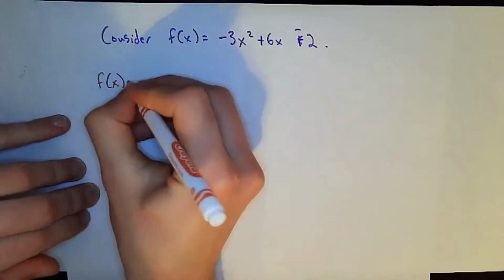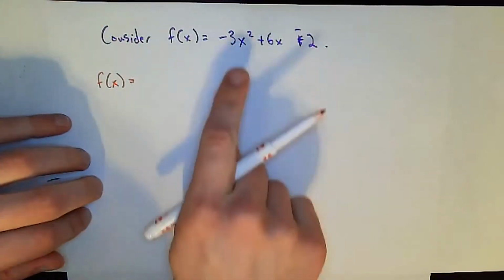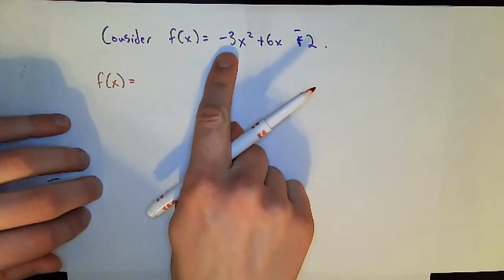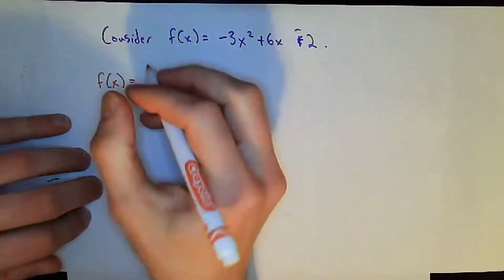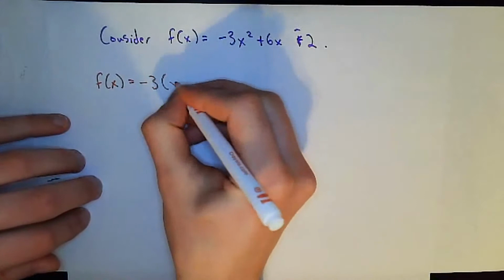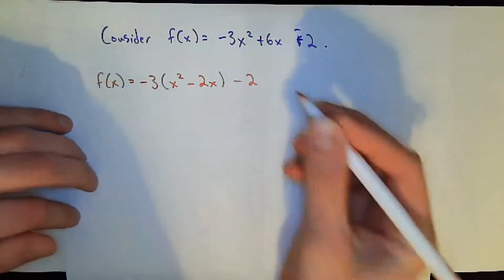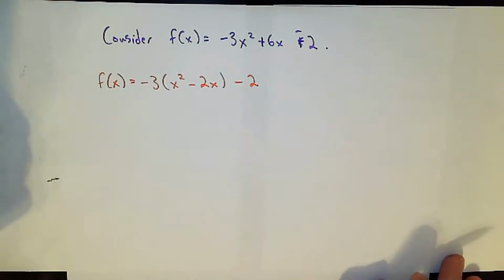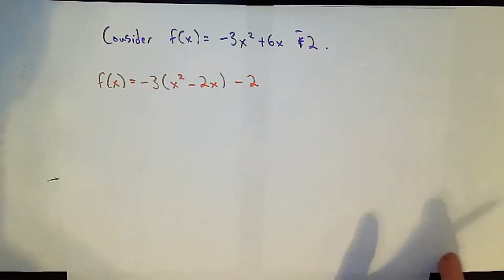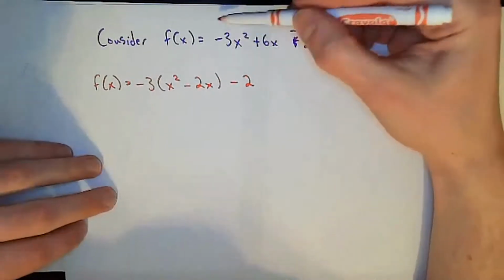So first step, pulling this negative 3 off of just the first two terms. That's all I do for the first step. Pull the non-1 leading term, right?